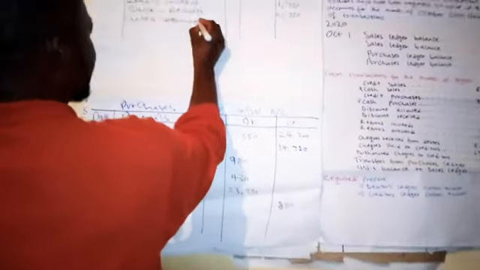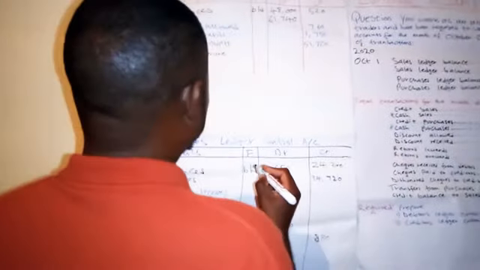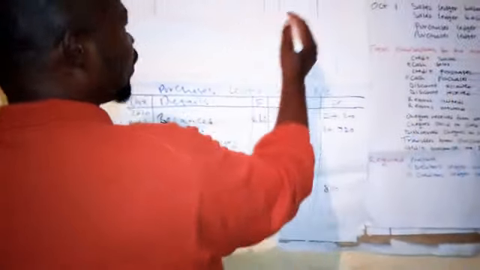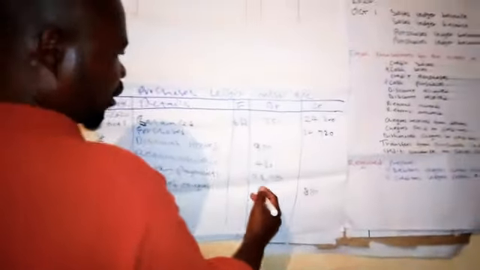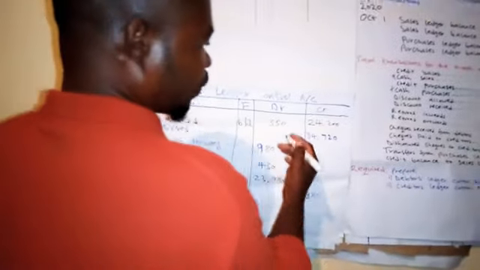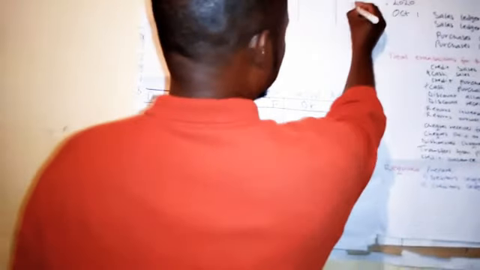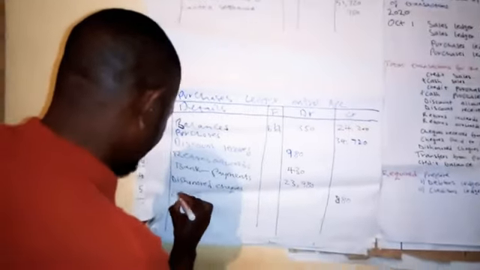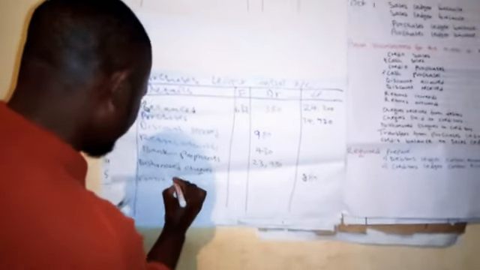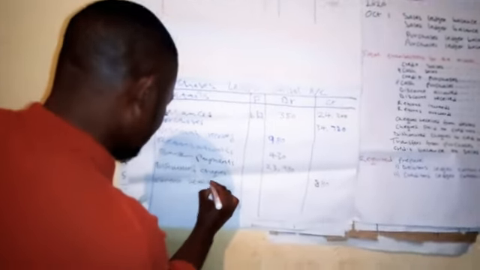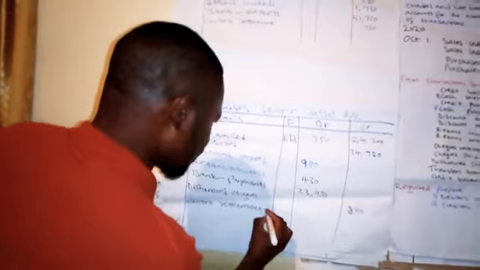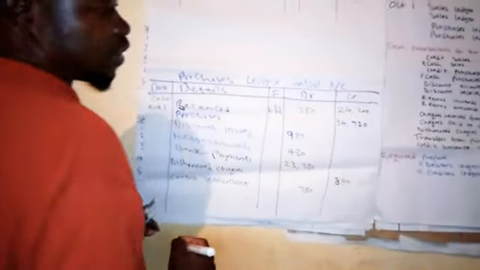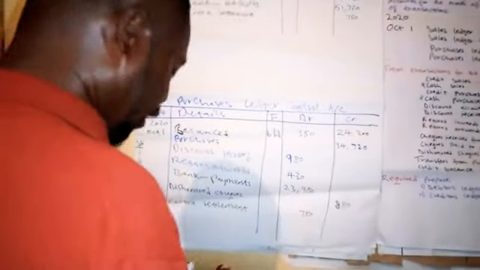For the sales it has to go to the credit side, then for the purchases it comes to the debit side. So you have 750 here, then the same is written here, contra settlement, 750 on the debit side. We are done with all the entries.